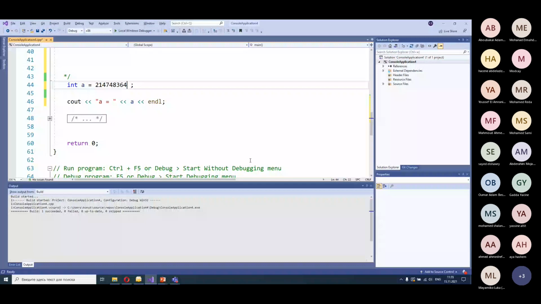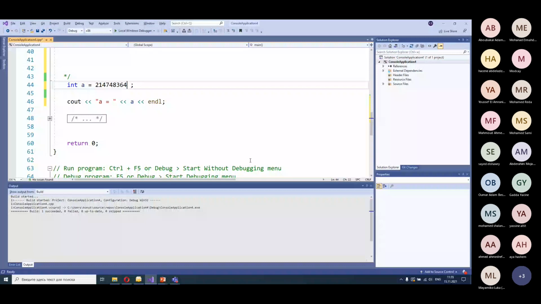Yes, see the number. But let's output a plus 2. A plus 2 means... or even let me delete this minus 1 and output a plus 1.